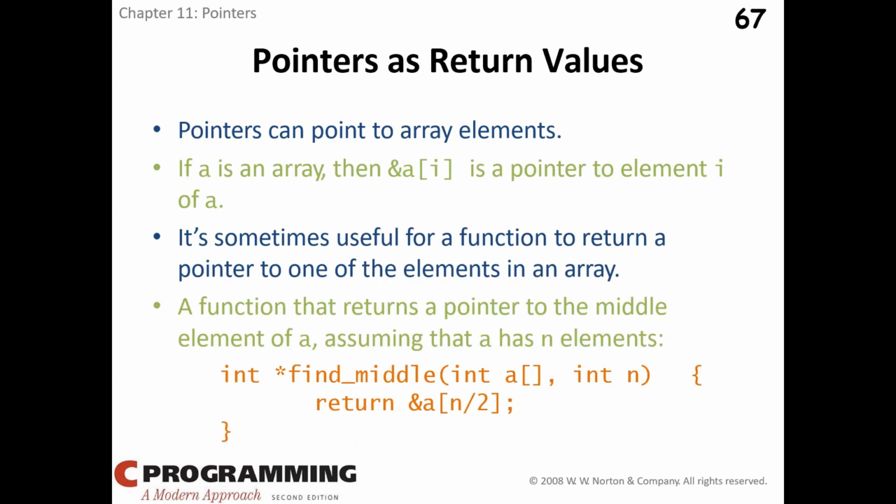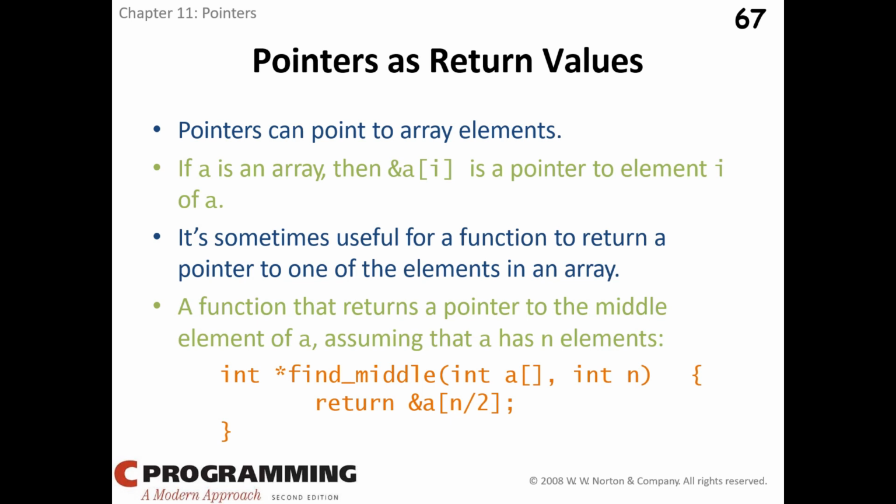And now let's explore how pointers can be used to refer to array elements. In C, pointers can point to individual elements within an array. For instance, if a is an array, then &a[i] represents a pointer to the element at index i in the array a.